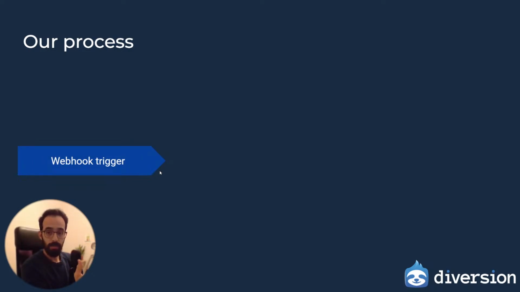So what does our process look like, or what does every automation pipeline generally look like for releasing versions? We're going to start with some sort of trigger. Something needs to trigger the pipeline. We will be using the Diversion webhook triggers.